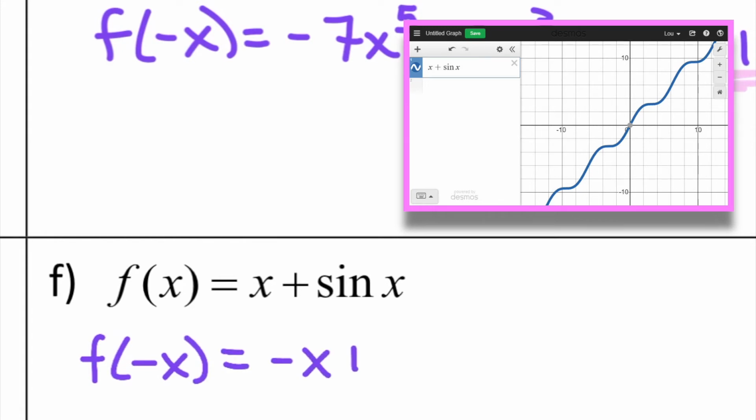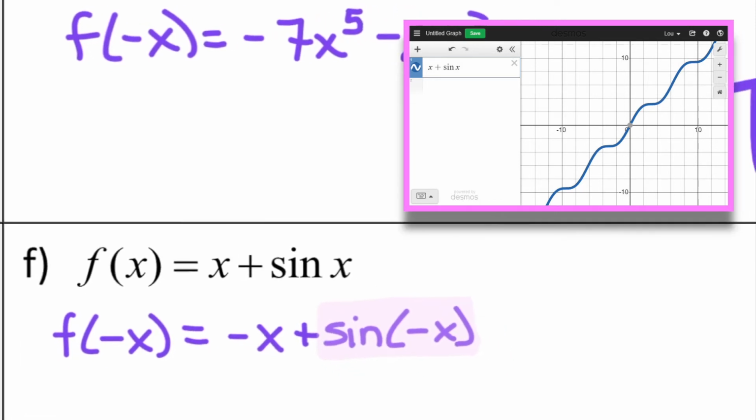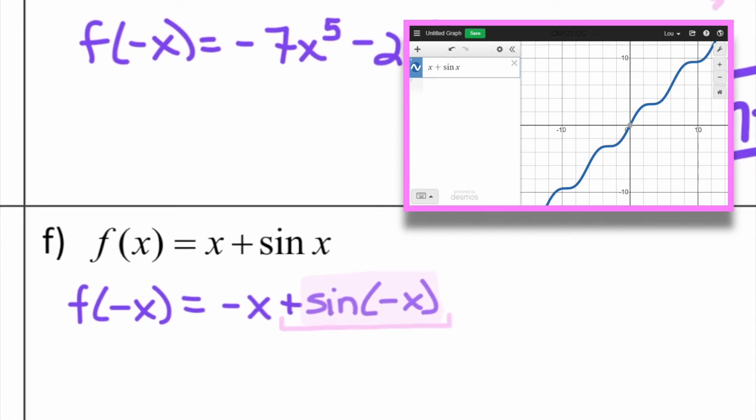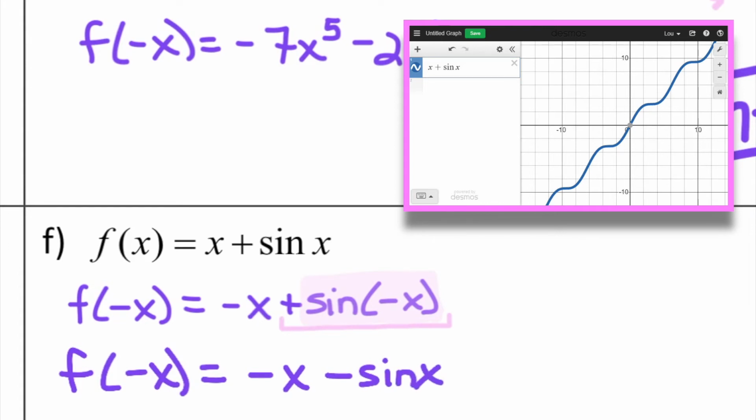here, and here. And this is where you have to kind of remember, and this was on the formula sheet that we used in Unit 3, that sine of a negative angle is equal to negative sine of the angle. So that essentially is going to change the sign of this term. And so that term becomes minus sine of x. So f of negative x equals the negative x that we started with minus the sine of positive x, because this becomes this.